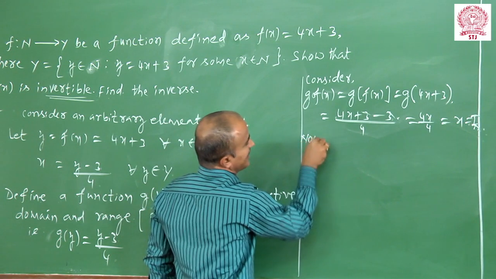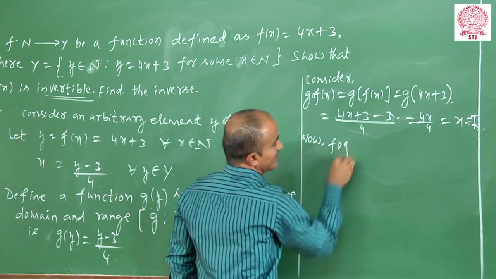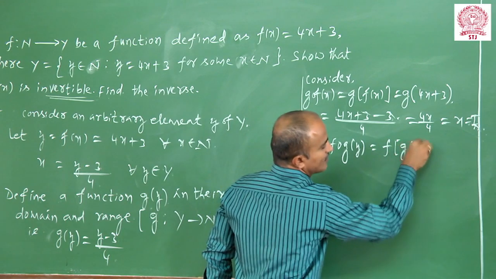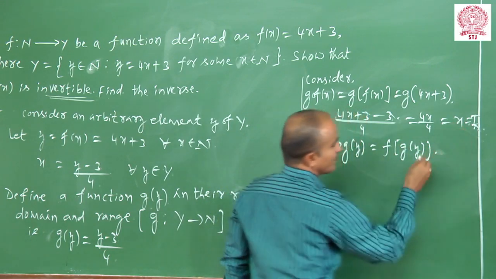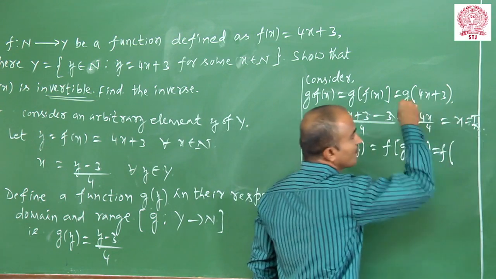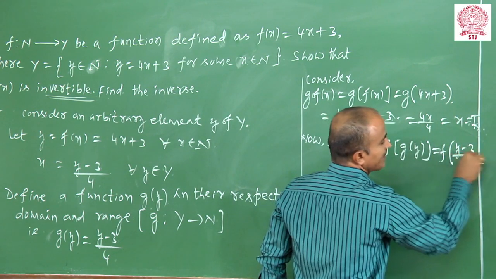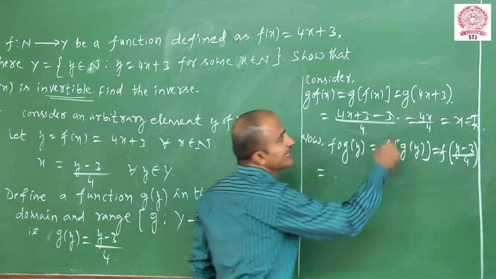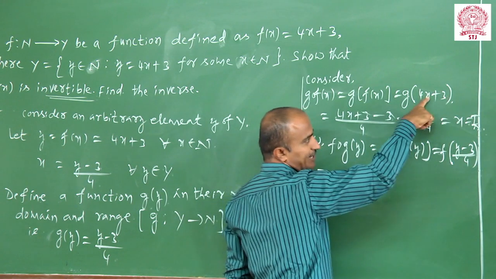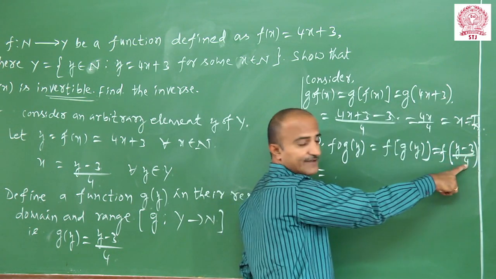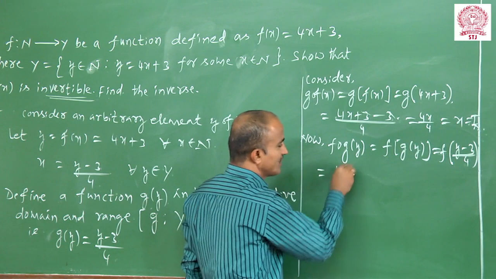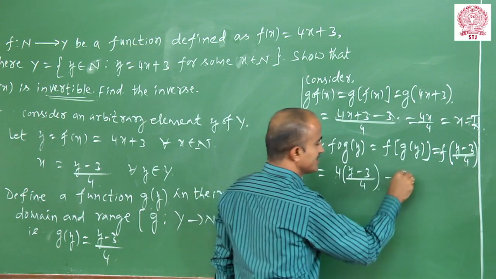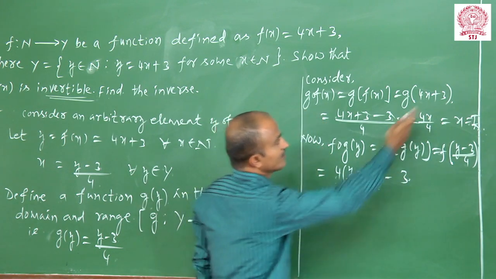Now we will take fog of y, which is f of g of y, where g of y is (y minus 3) by 4. Now, in f of x, which is 4x plus 3, wherever x, replace that x by (y minus 3) by 4. We have 4 times (y minus 3) by 4, plus 3.